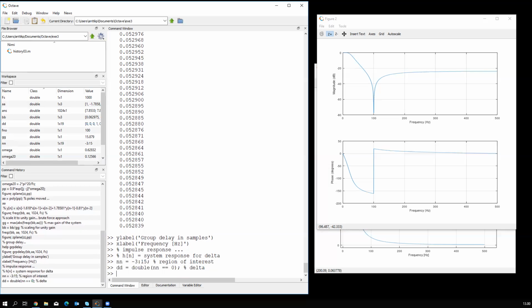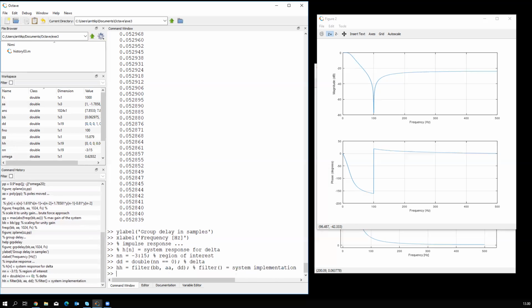And the system response is filter, system coefficients b and a for data d. I don't remember if I already had this, but filter actually is the system implementation in MATLAB or Octave. Okay, now I have calculated the impulse response.